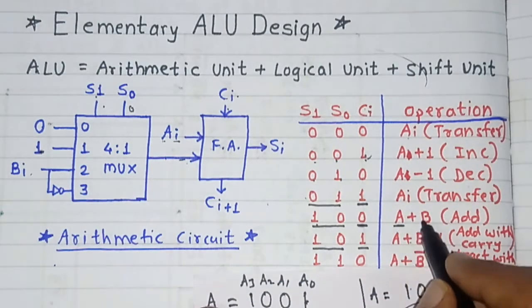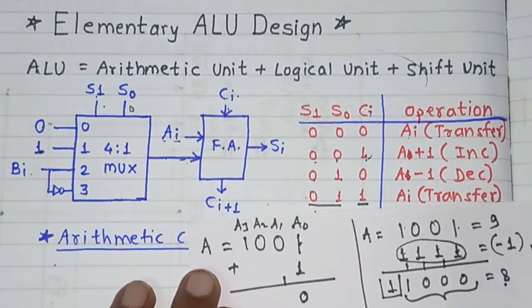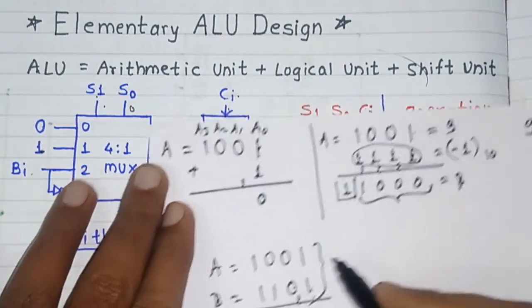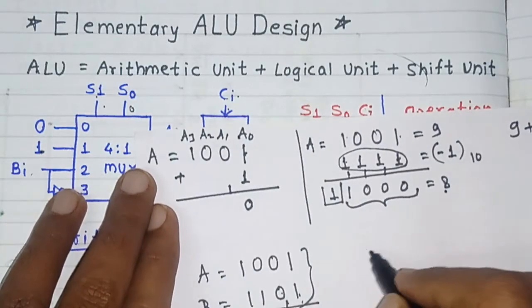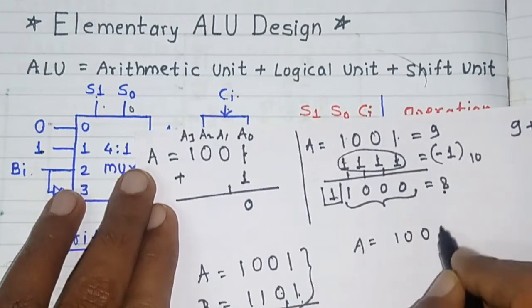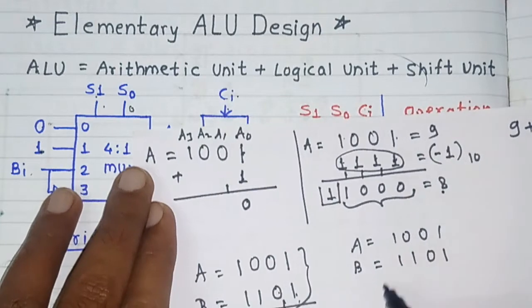But whenever you want to perform A plus B plus 1, that time you have to provide the external carry. So how do we perform addition with carry? Suppose A equal to 1001, B equal to 1101, and you are providing Cin equal to 1.